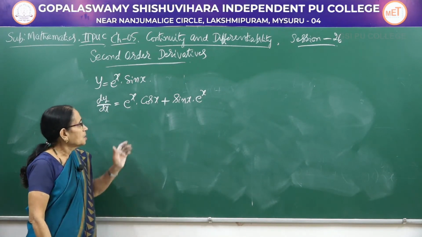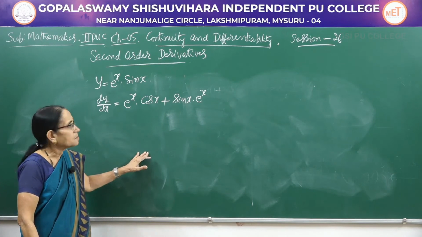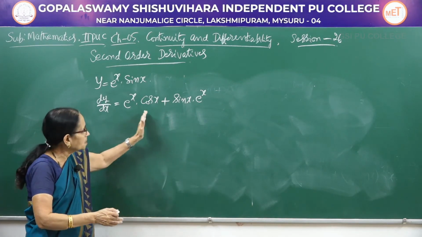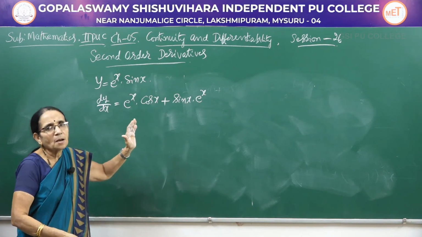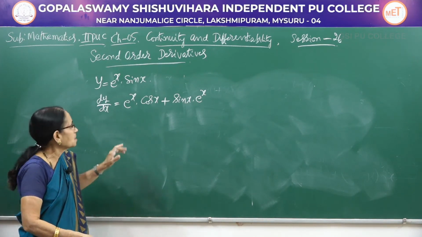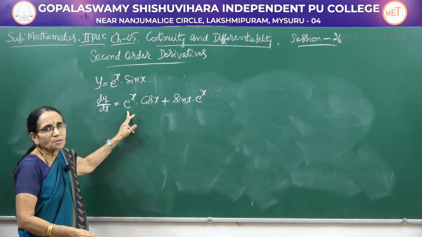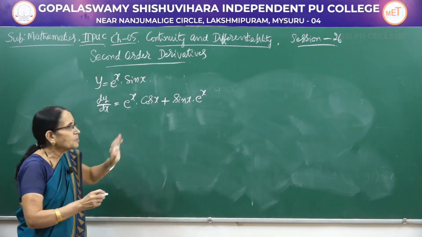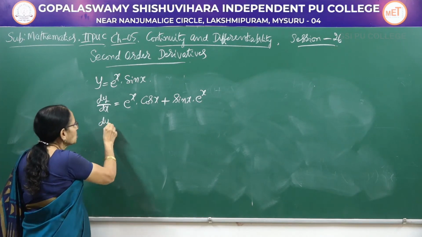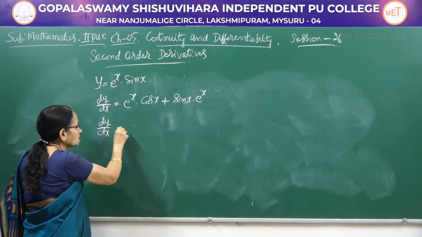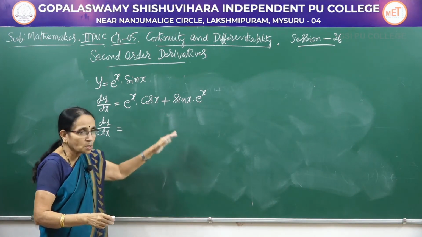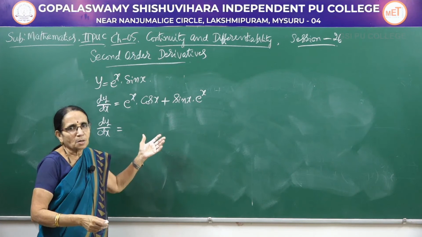Now for the next derivative, either you can keep the terms separately. For each one of them, you have to apply the product rule. Instead, you know that whenever we do the differentiation of the exponential function, that always comes out as a common factor. Therefore, you can take out the common factor. See, anyway, you have to apply the product rule. If you take out here for both the terms, you have to apply the product rule.